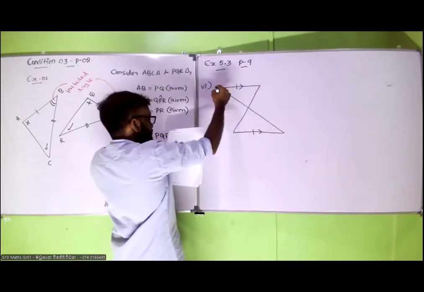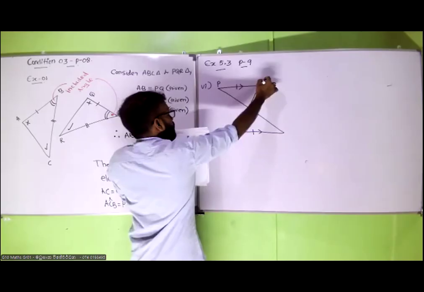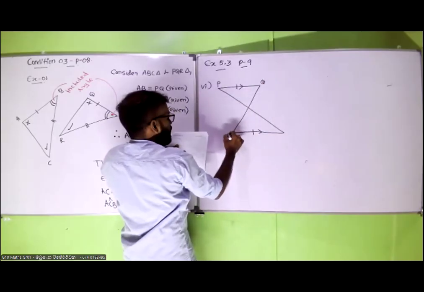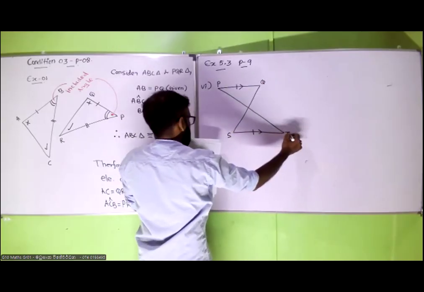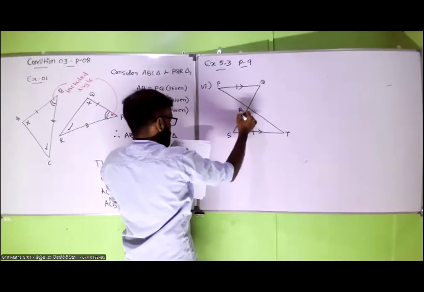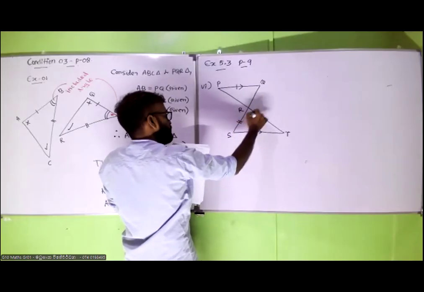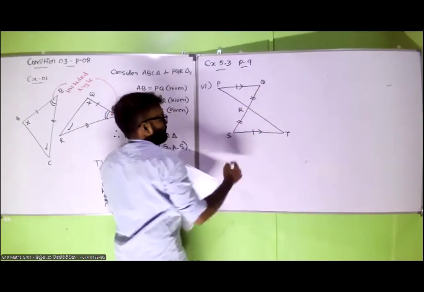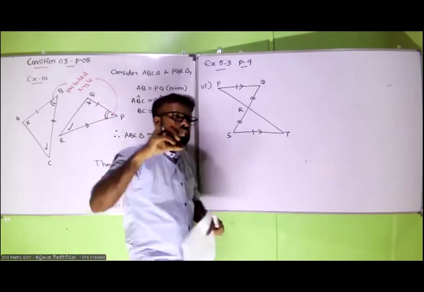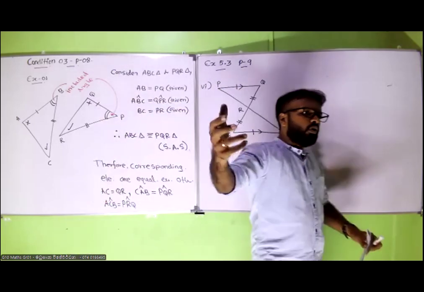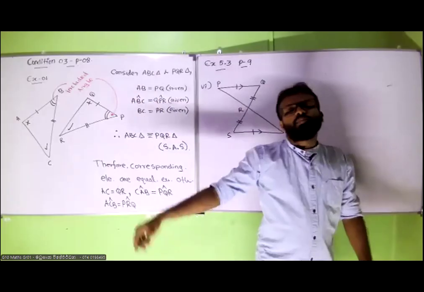So PQ equals ST. Here the middle part is R and this side also equals this side. Now you need to think a little bit before equating the elements.